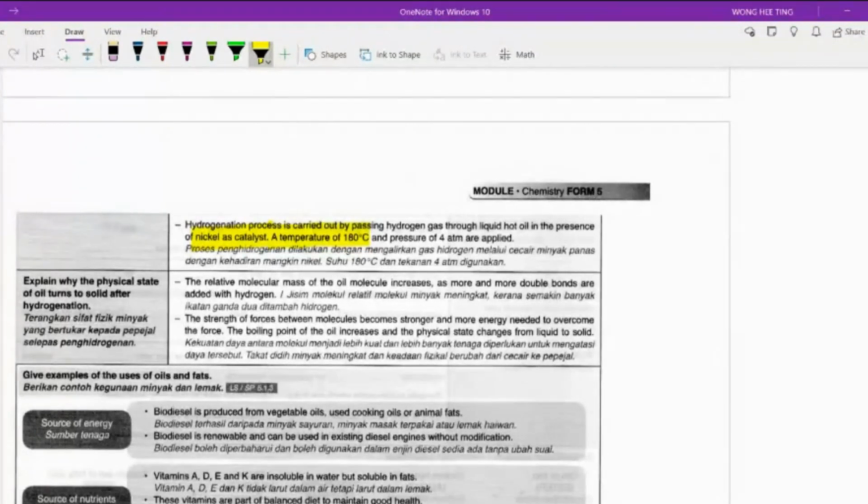Because the relative molecular mass of the oil increases. As more hydrogen is added to the double bonds, the force of attraction between the molecules becomes stronger and more energy is needed to overcome the force. So the boiling point of the oil increases and the physical state changes from liquid to solid.